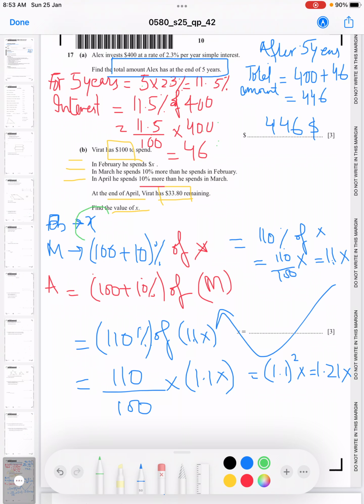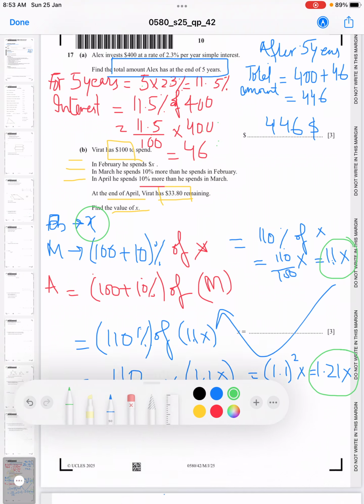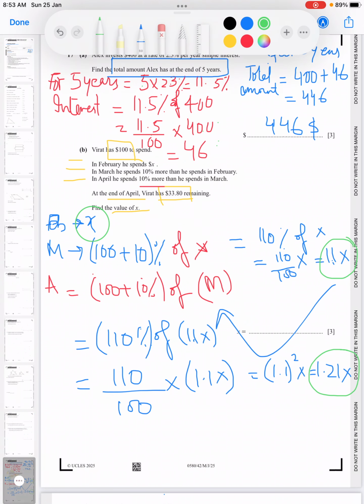He spent x in February, 1.1x in March, and 1.21x in April.